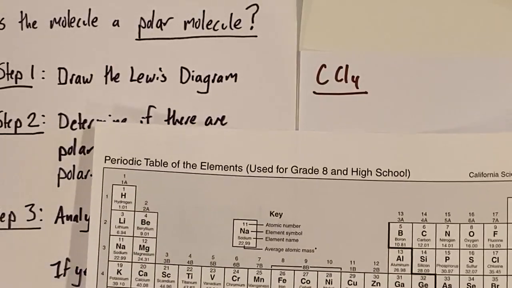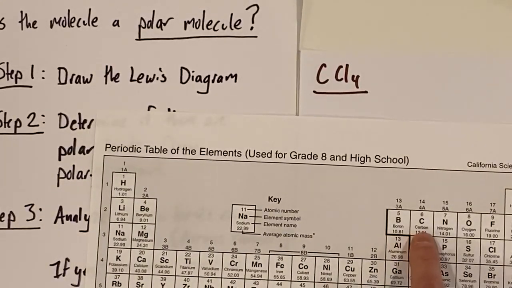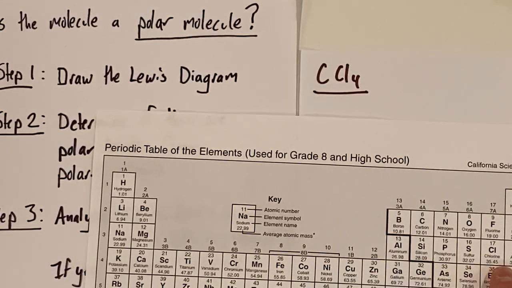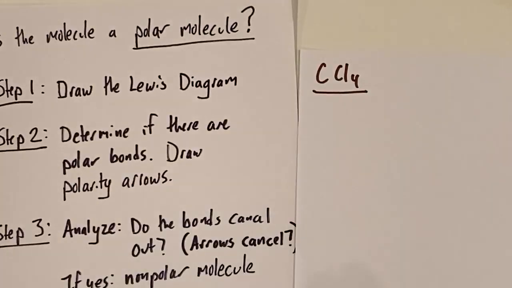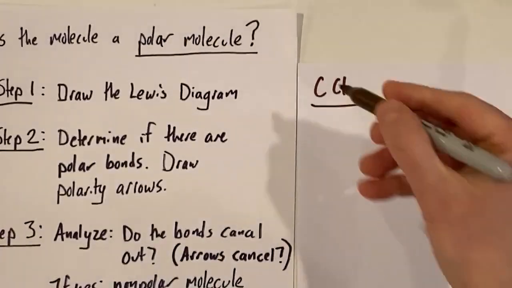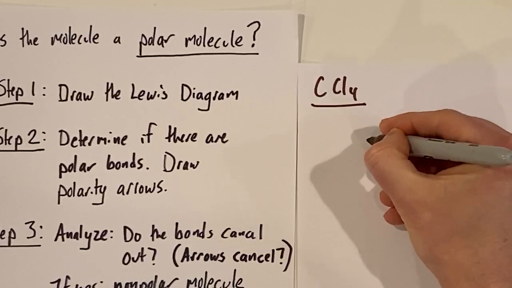If we look at the periodic table, we'll see that carbon is in group 14, so it's got 4 valence electrons, and chlorine is in group 17, it's got 7 valence electrons. So let's get rid of our periodic table here and get drawing our molecule. So carbon's written first, it's going to be the central atom.